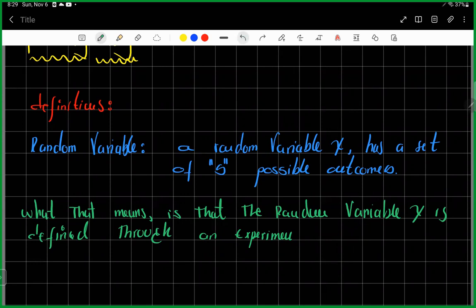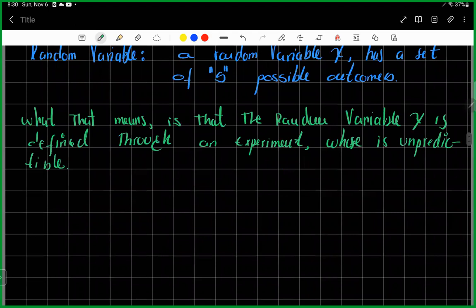Let's write it down. Whose result is unpredictable. Okay. Or you cannot predict with full certainty.